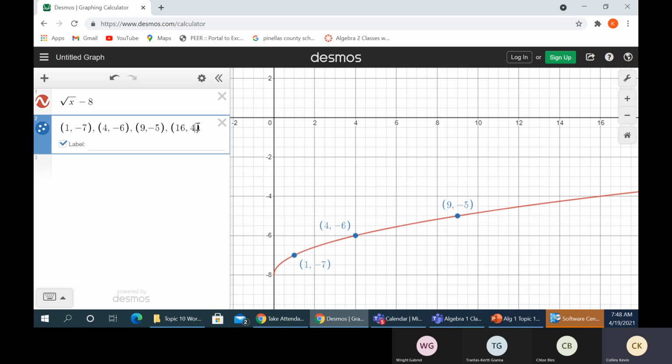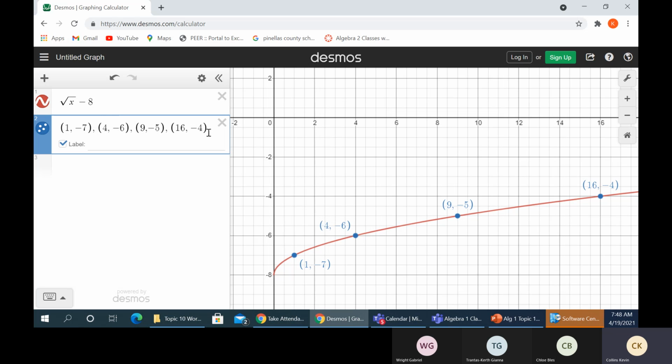And then finally we've got 4 minus 8, that's going to be negative 4. So notice all the points are on the graph again. And I got that simply by subtracting 8 off of each of the y values. And that dropped us down from where we were to where we are now.